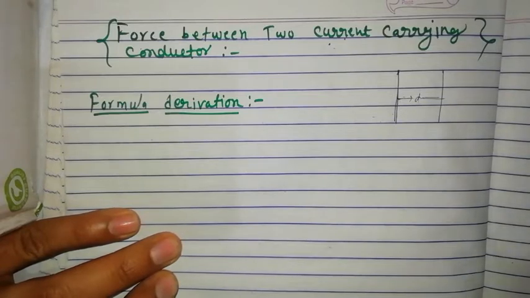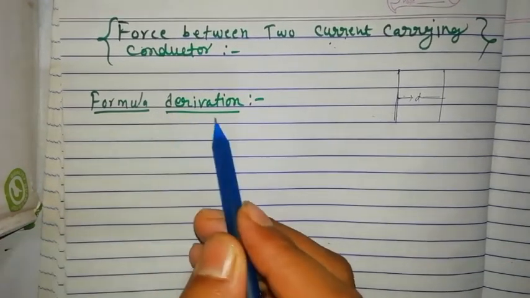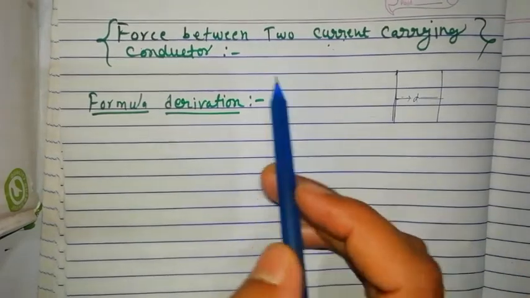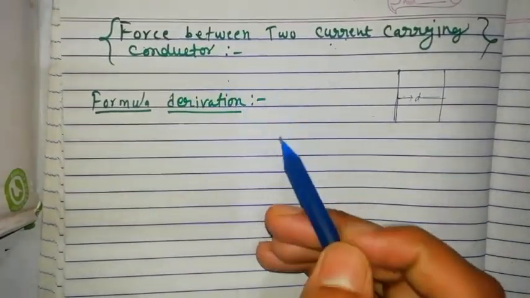Similarly, the first conductor will also experience a force due to the magnetic field produced around the second conductor. Now, the formula derivation of the force between two current carrying conductors.